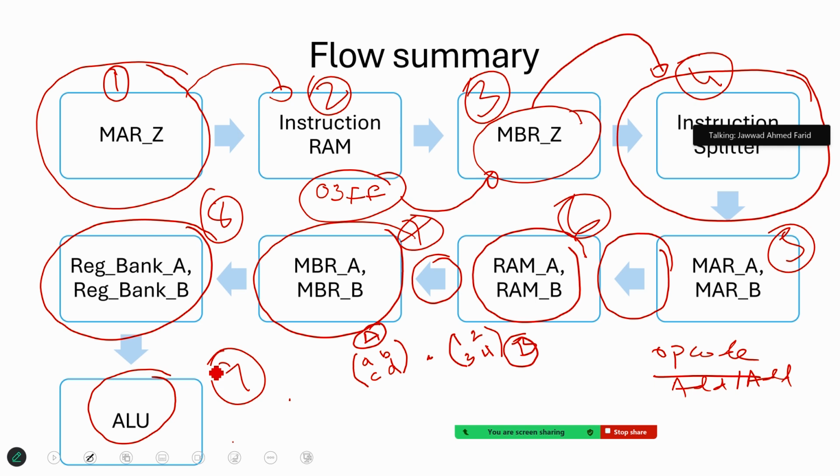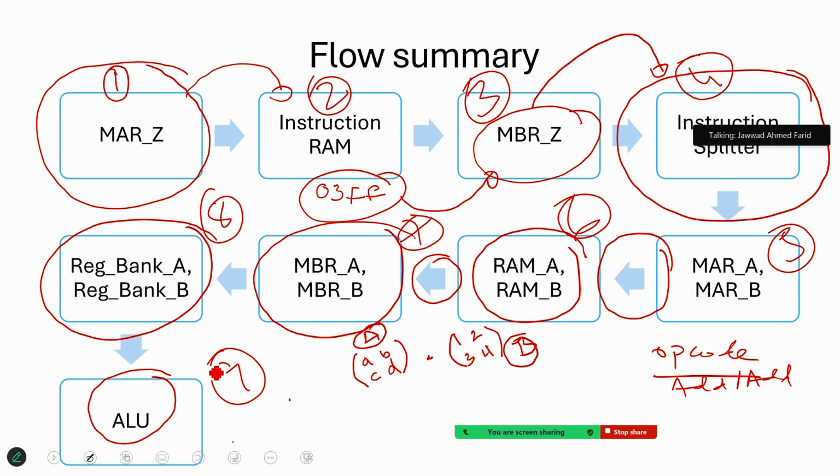But that means that for this to happen within those 9 clock cycles, I have to turn doors on and off. I have to turn buses on and off. I have to turn elements and controls and components and units on and off. I have to turn write enable on and write enable off. I have to turn output enable on and output enable off. So I can't just do it randomly.